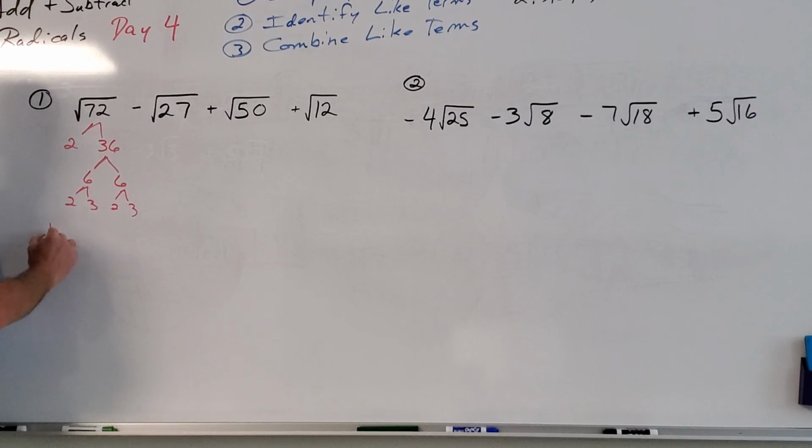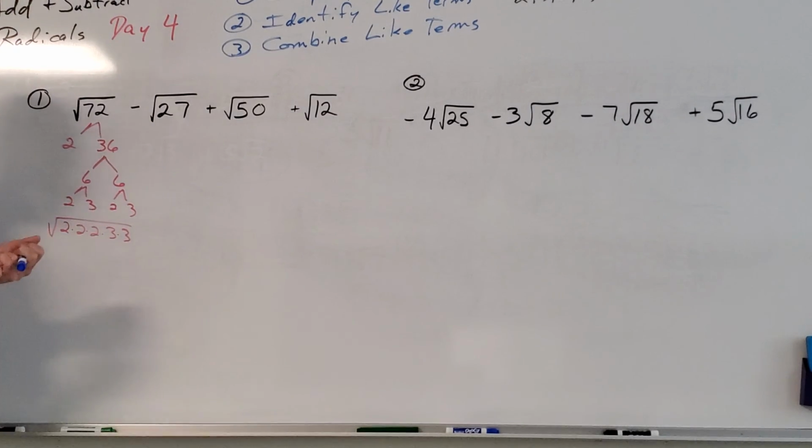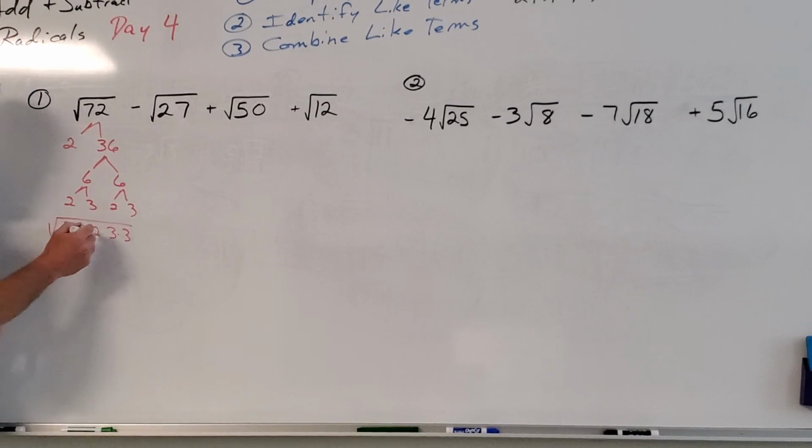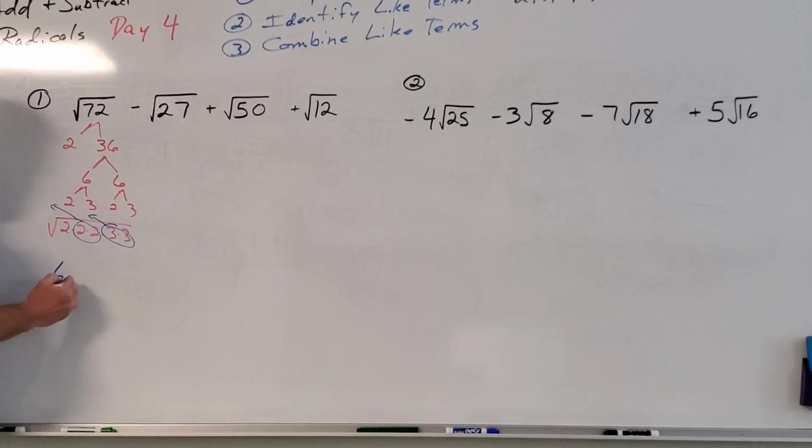So now in this radical, I've got 2, 2, 2, 3, 3. Simplify. 2's out, 3's out. Gives me 6 on the outside, 2 on the inside.